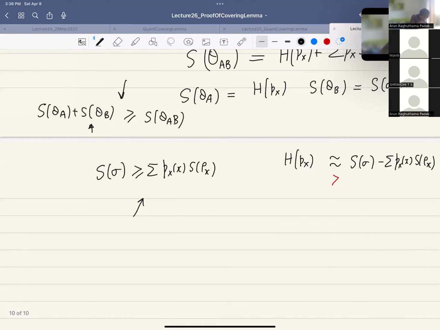So this is there in, yeah, I did one proof in my entropy class where I showed this.